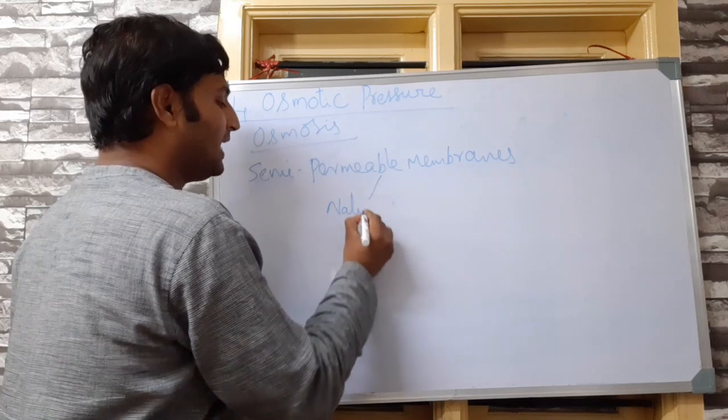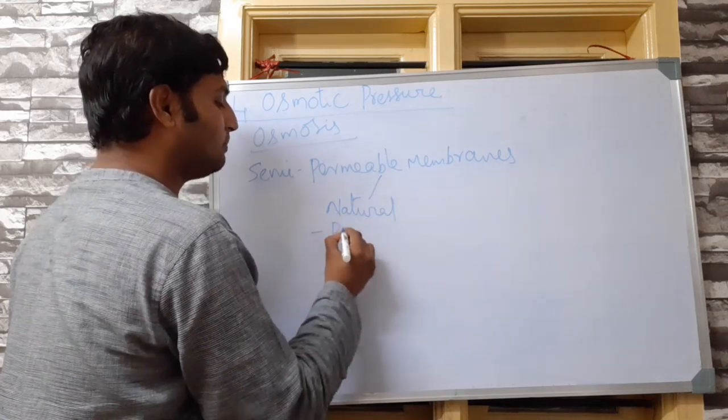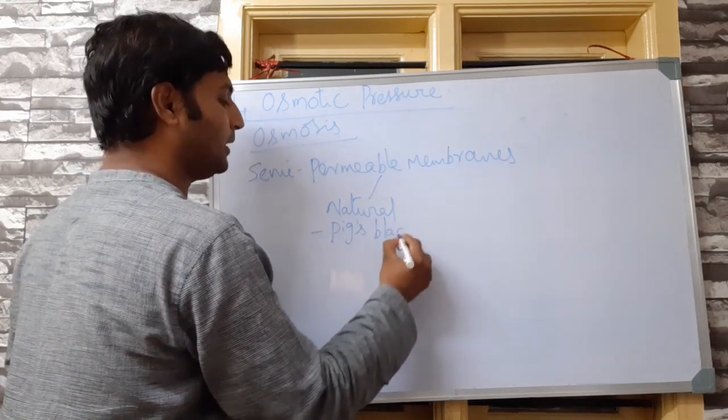Semi-permeable membranes could be natural. Pig's bladder is a popular example of a semi-permeable membrane.